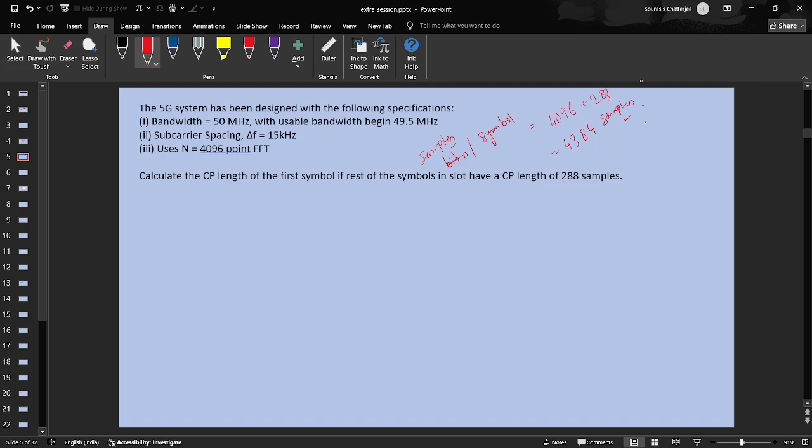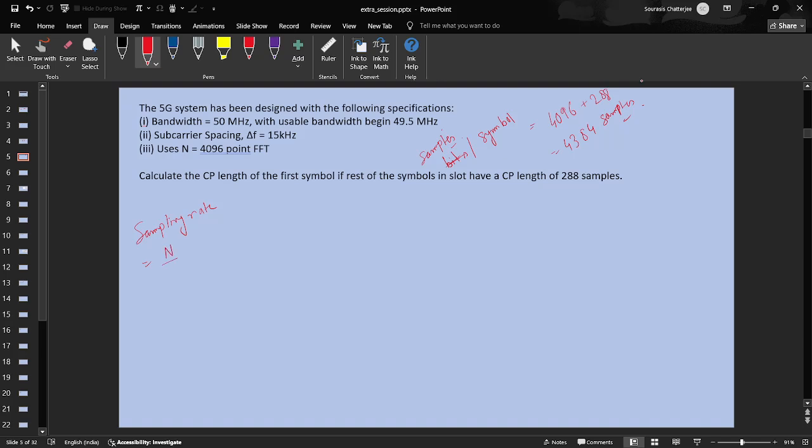And what is the sampling rate, by the way? If I plan to calculate the sampling rate, what is it going to be? 4096 into 15 divided by 1000.